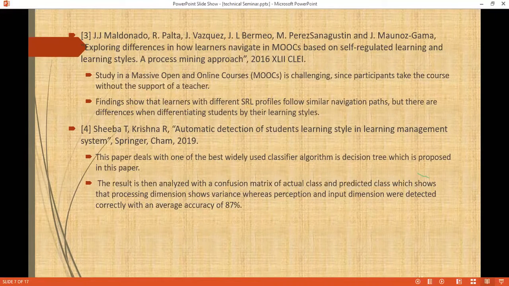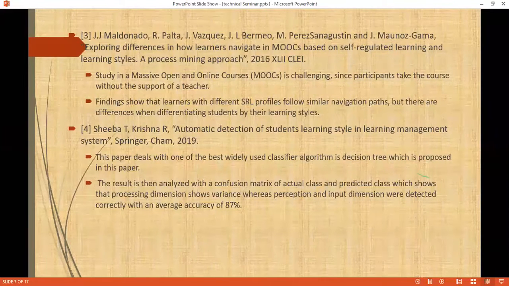So they make use of log files and process mining to analyze the log files. Based on that, they pre-process the data and obtain the learning differences. SRL follows a similar navigation path, but there was a slight difference when differentiating students by their learning styles.